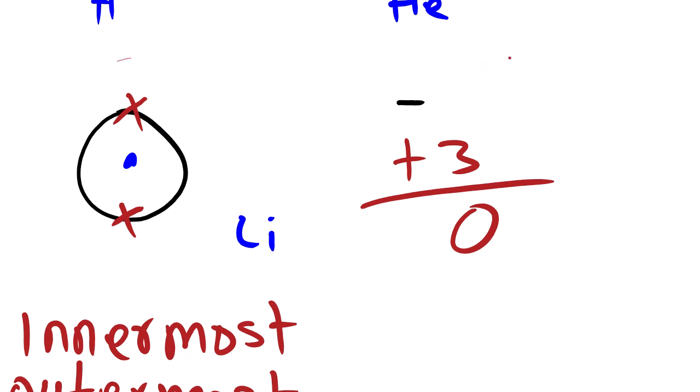Because you rip off the electron that is outermost. Then instead of 3 you will have 2. So you have 2 negative electrons, and we have 3 positive charges. The net charge will be +1, because -2 + 3 is equal to +1.